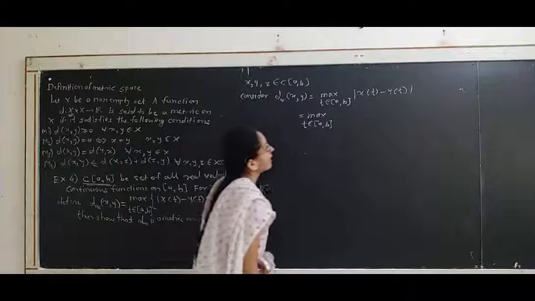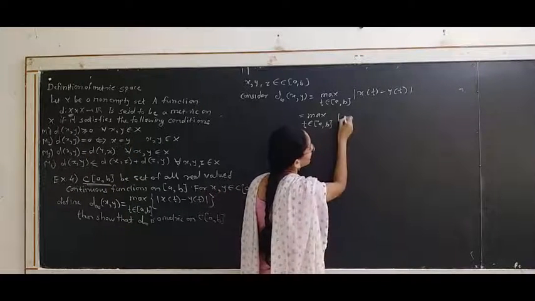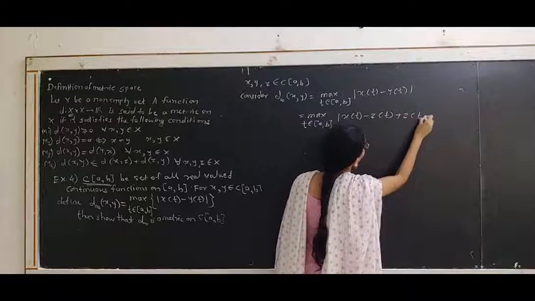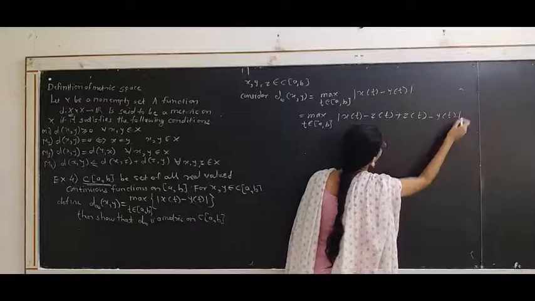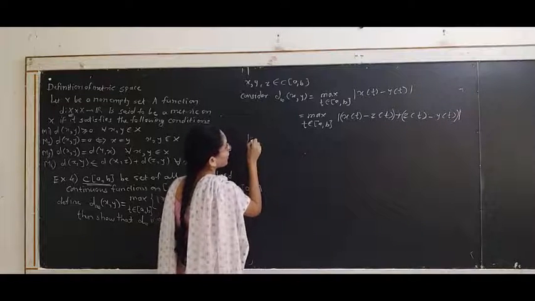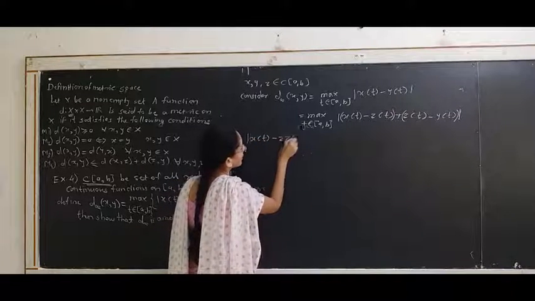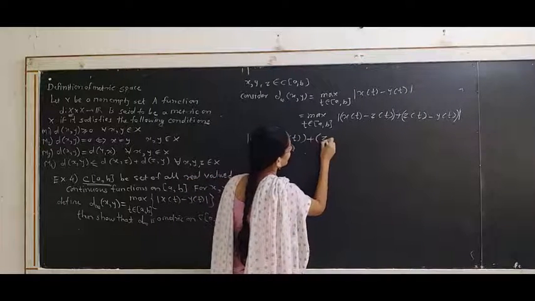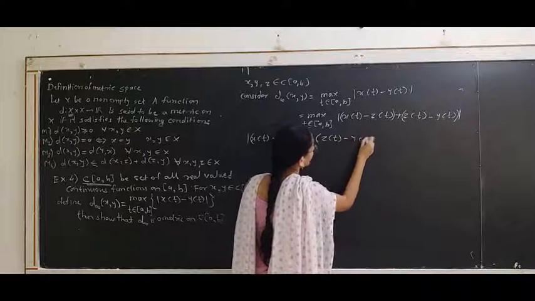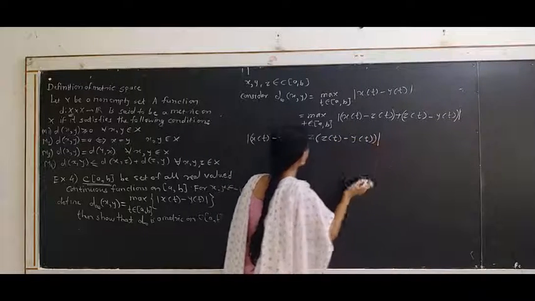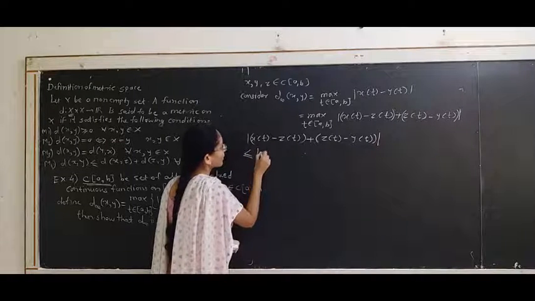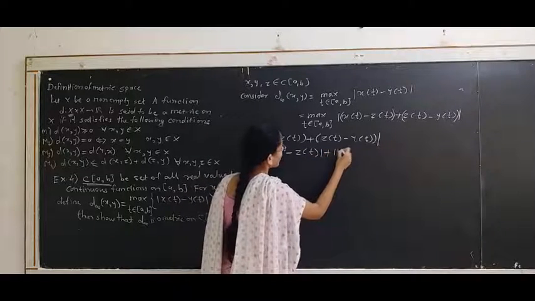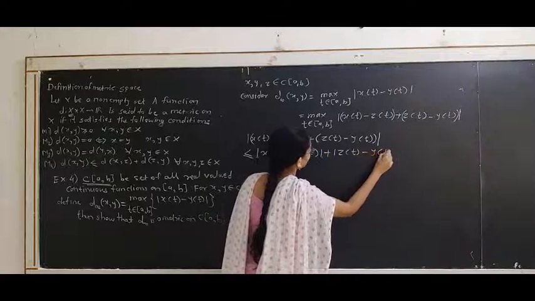So we adjust one term within the modulus: x of t minus z of t plus z of t minus y of t. We know that mod of x of t minus z of t plus z of t minus y of t is less than or equal to mod of x of t minus z of t plus mod of z of t minus y of t.